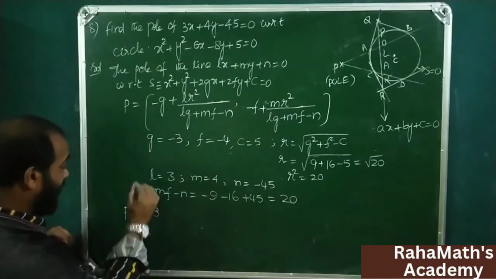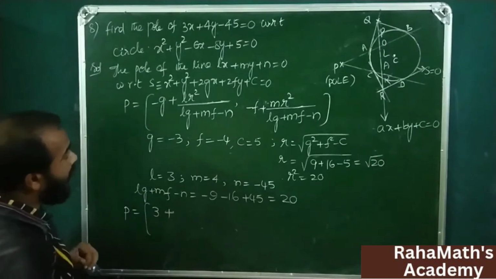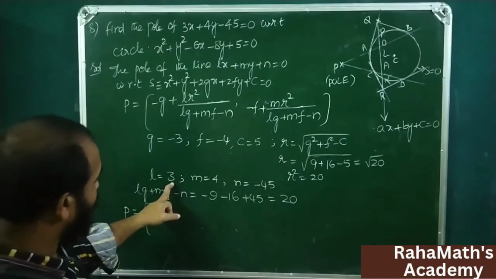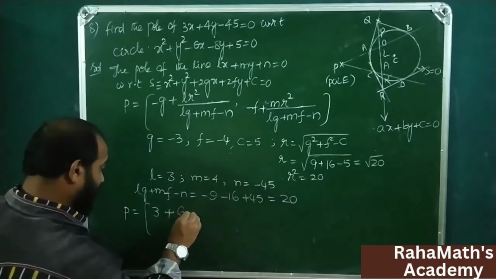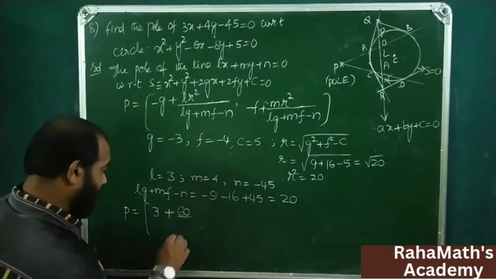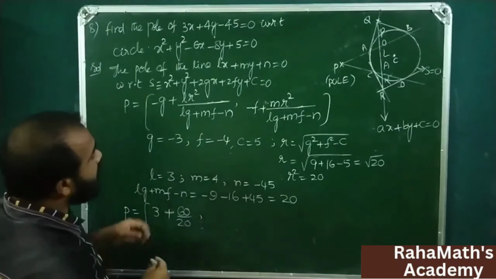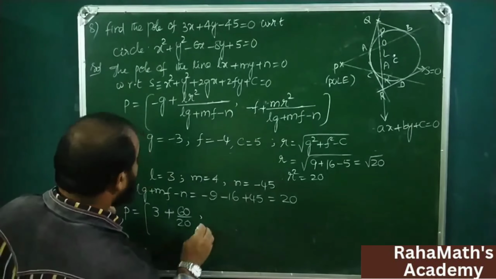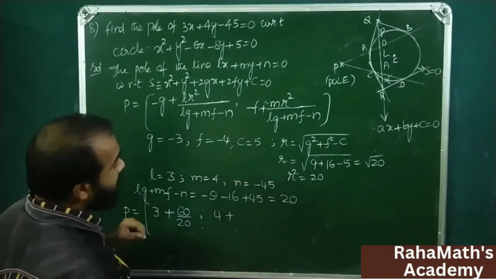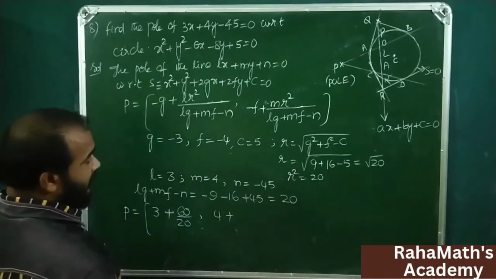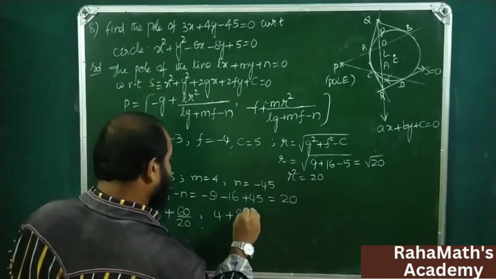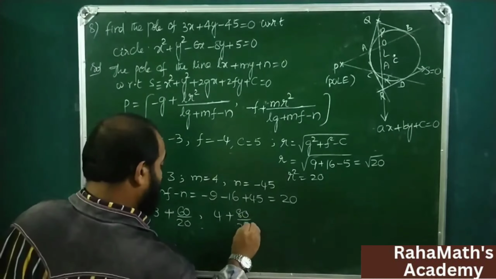Now P equals: what is minus g? Minus of minus 3 is plus 3, plus l r square, l is 3, r square is 20, 3 times 20 is 60, by lg plus mf minus n, which is 20. Comma, minus f, so minus of minus 4 is plus 4, plus m r square, m is 4, r square is 20, 80 by 20.